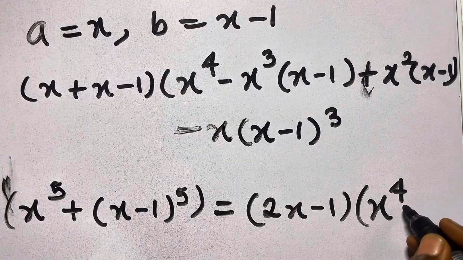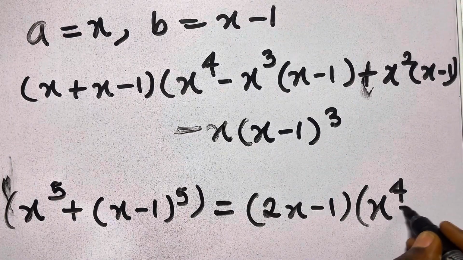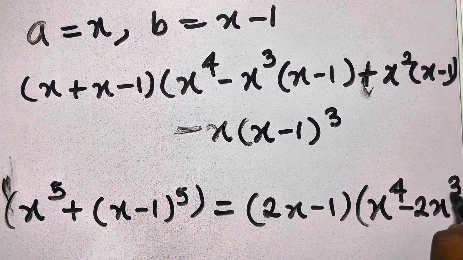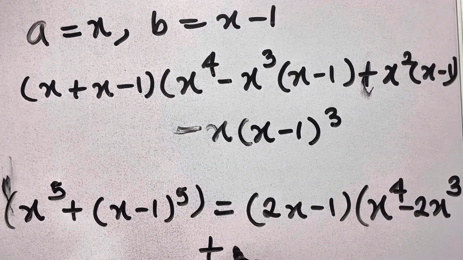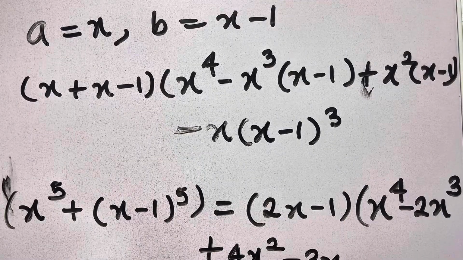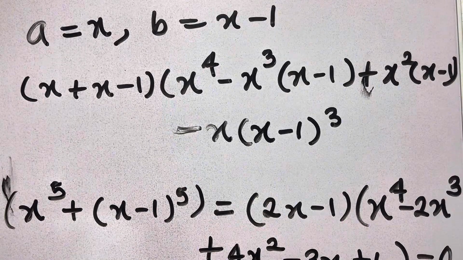If we expand this, we are going to have minus 2x raised to power 3, plus, if you simplify this, 4x raised to power 2 minus 3x plus 1, everything equated to 0.